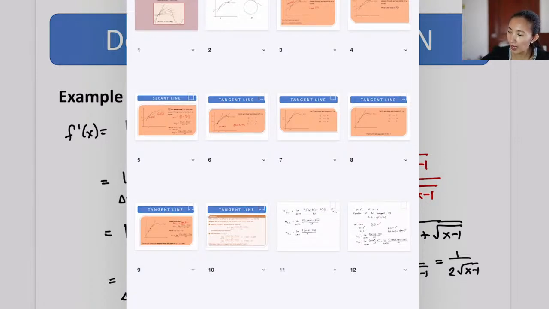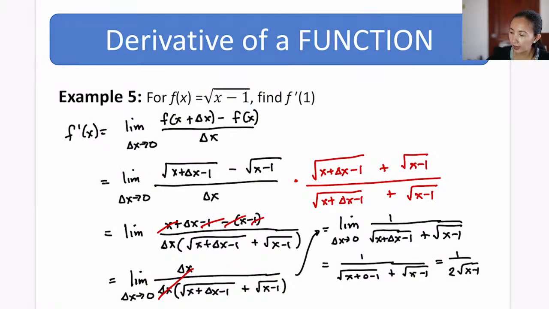So wala siyang tangent line at x equal to 1. Bakit? Ano bang klase ng graph niyan?